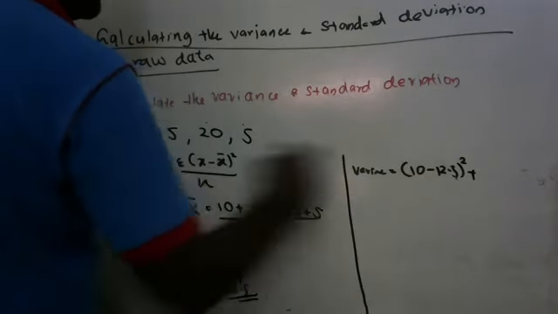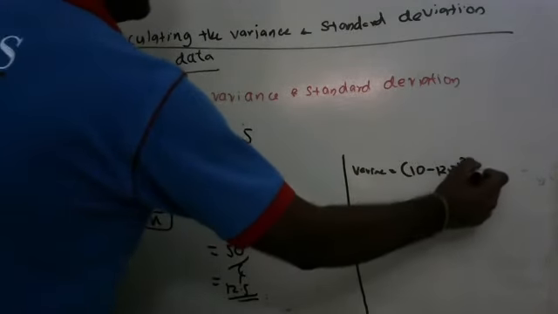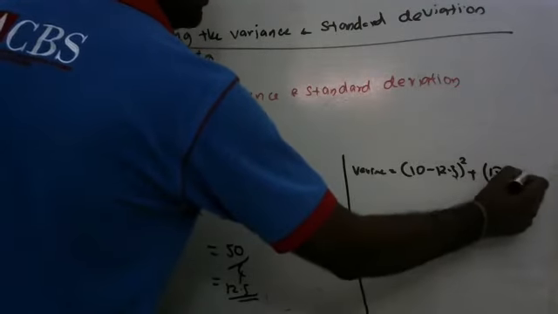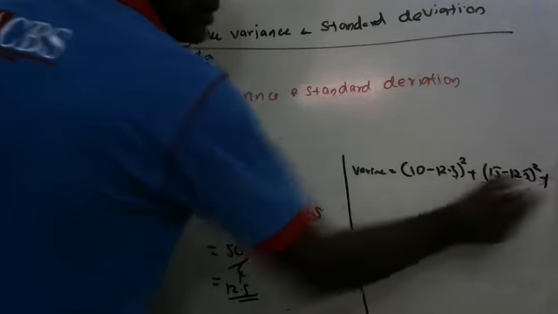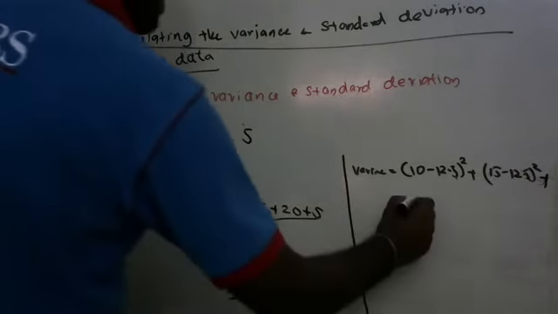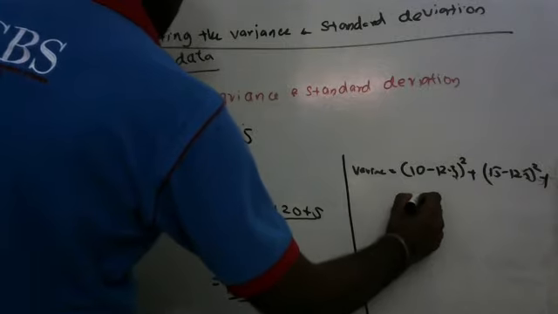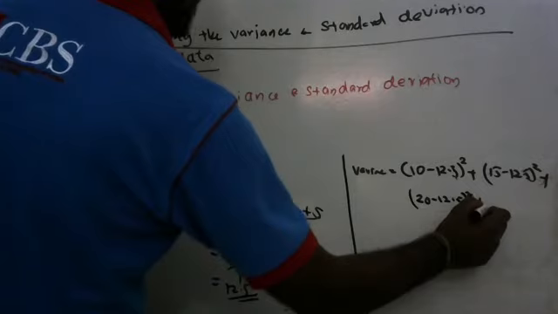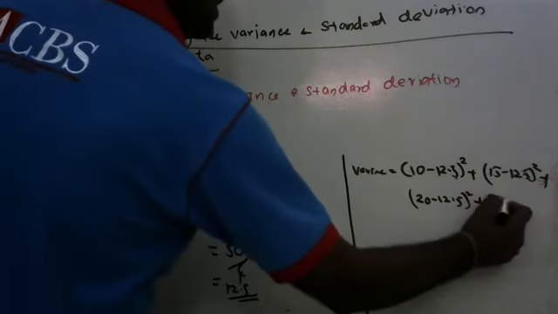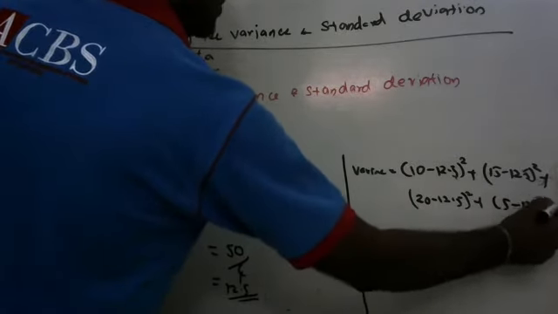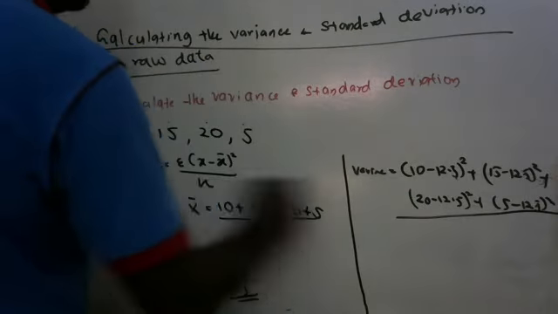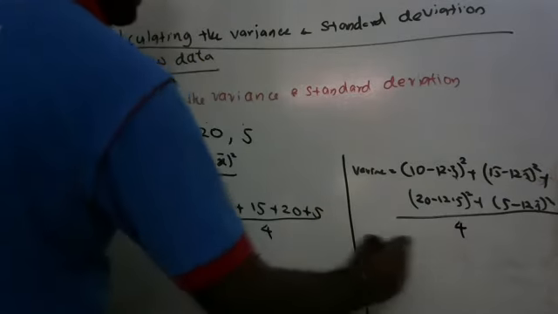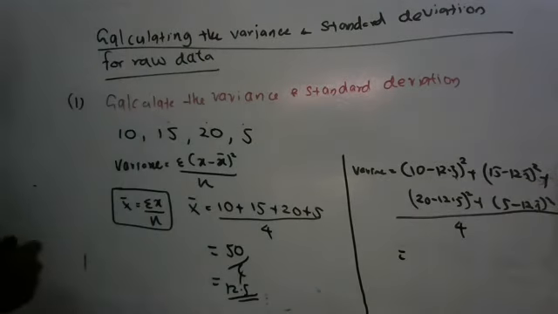There is a sigma, therefore I put the plus marks. What is n? It is 4.